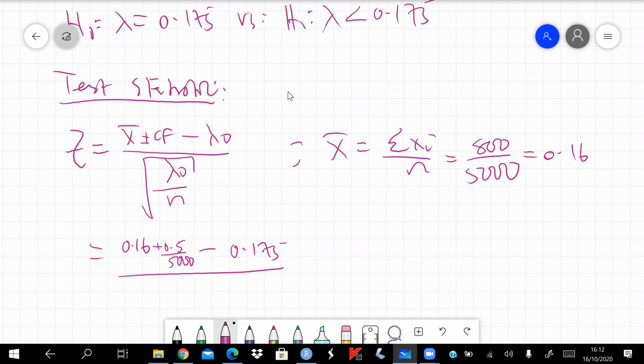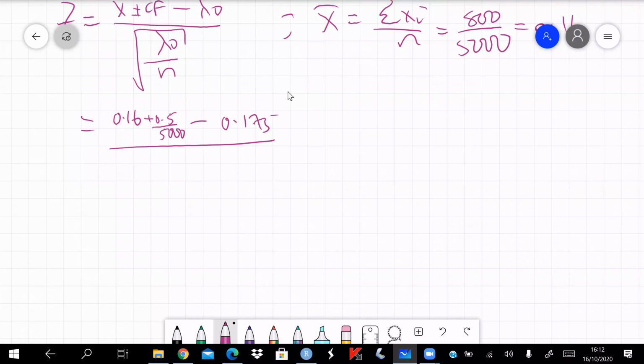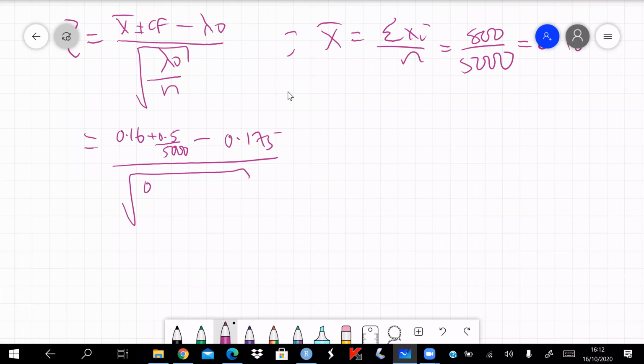Divide this by the square root of 0.175 divided by 5,000.